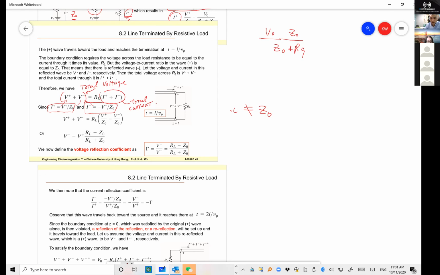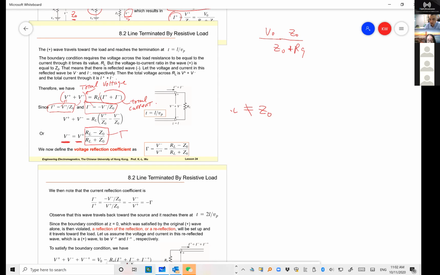Then we can find the reflected voltage is related to the incident voltage by a reflection coefficient.